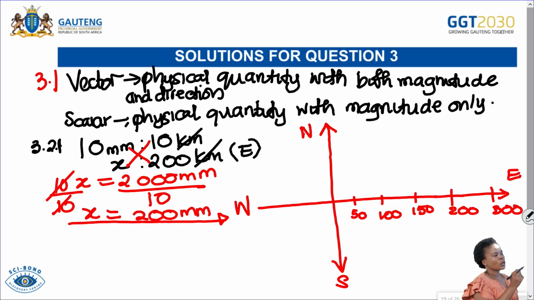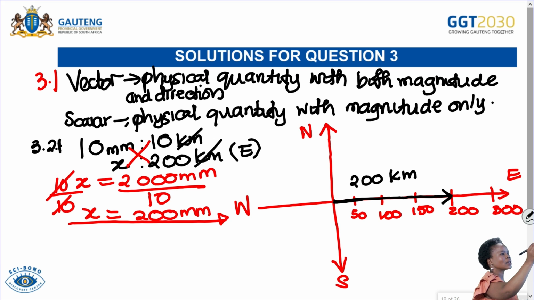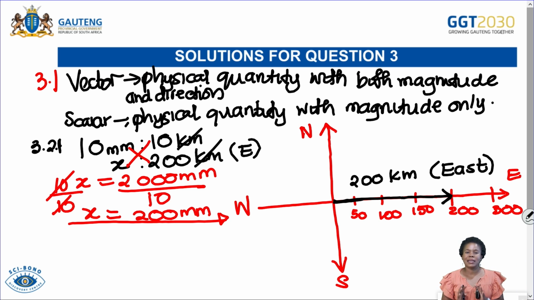There I am drawing my 200, and there I am labeling it with the original force that was given to me. Okay, so this is 200 kilometers to the east, because everything should be properly labeled.